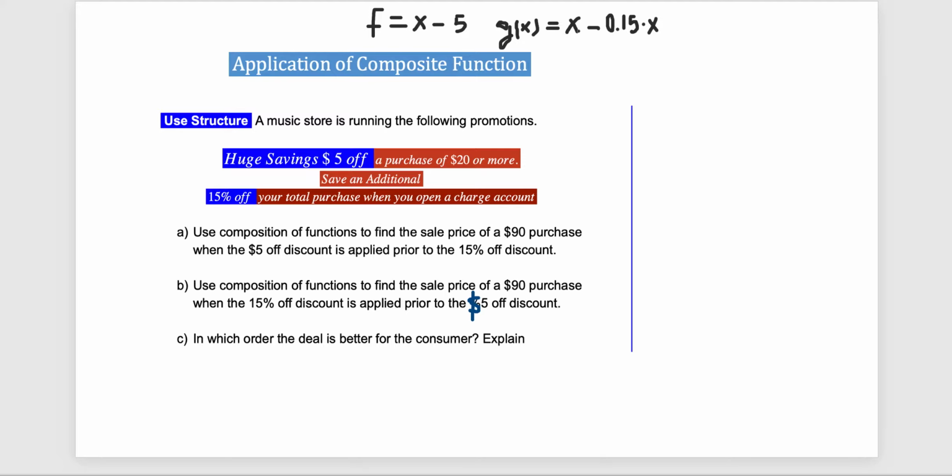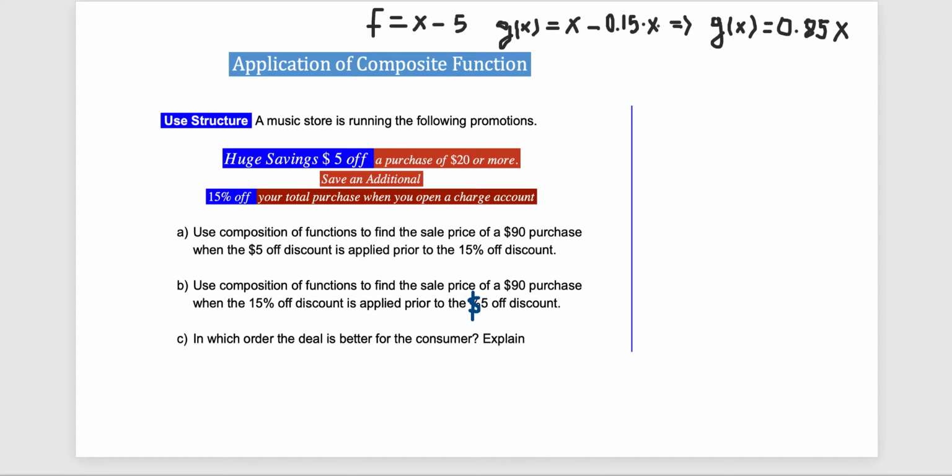Because we have x here, we can simplify this: the coefficient 1 minus 0.15 is equal to 0.85. So g of x equals 0.85x.